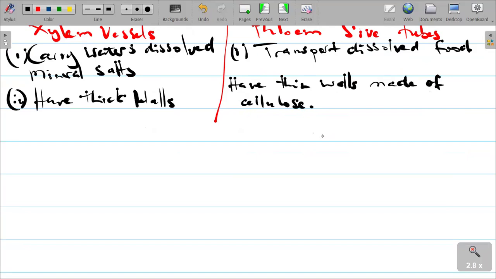And then we have got, of course, they also are involved in upward movement.